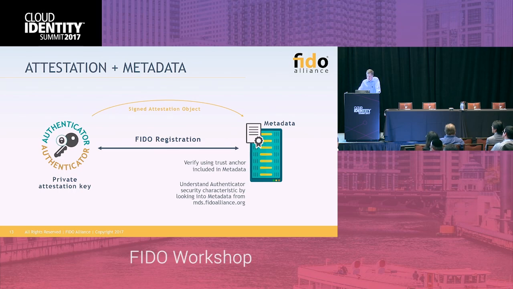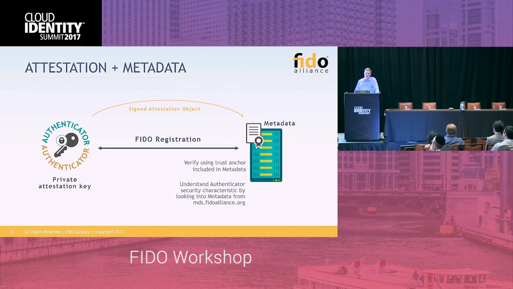And there's also a metadata service. Since we don't want to chew up a lot of the bandwidth in attestations, a lot of the data is kept out on a metadata server. In the metadata server, you can take that attestation, look it up, and find out more details about that specific device, such as when it was manufactured, and whether it conforms to FIPS 140-2, what level, or 140-3, et cetera.